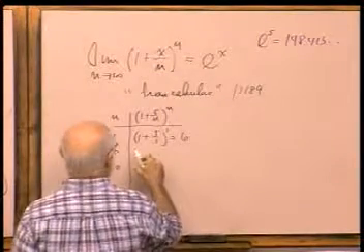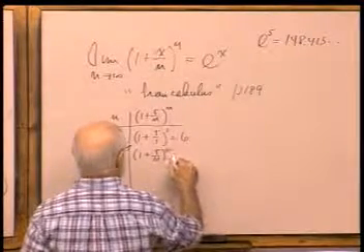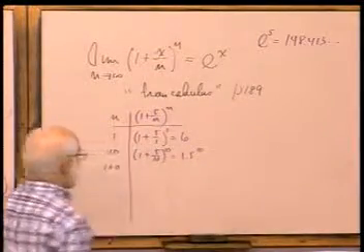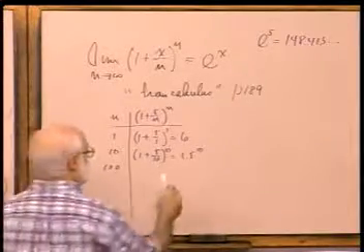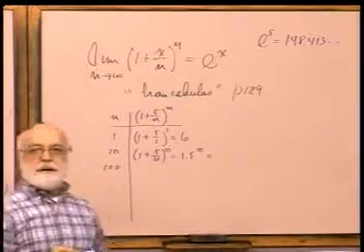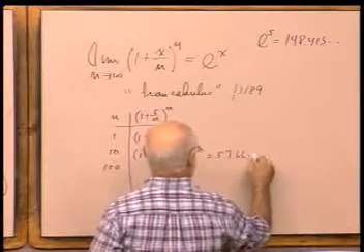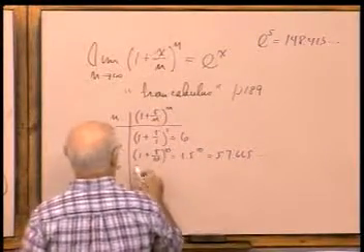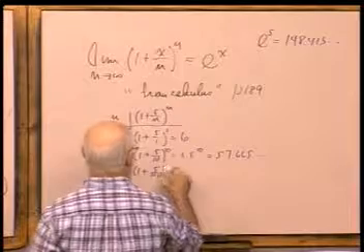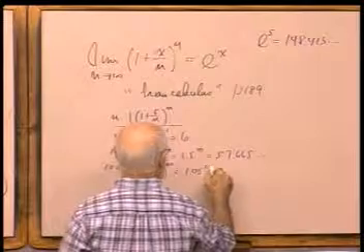When n is equal to 10, this would be 1 plus 5 over 10 to the 10, or 1.5 to the 10th power, right? What's 1.5 to the 10th power? Got someone with a calculator out there? 57.665. Okay, 57.665 going. When n is 100, I'm going to have 1 plus 5 over 100 to the 100, which would be 1.05 to the 100th power.